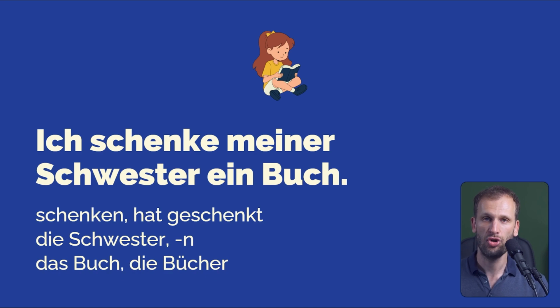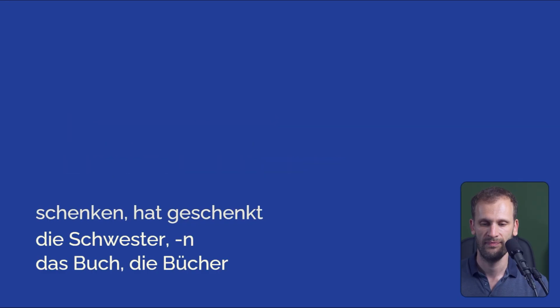The person is Schwester, sister, and the thing is ein Buch, a book. And with these verbs, what we always get is the person first in the dative case, and then we get the accusative case, and that's a thing, usually, almost always. So dative, person first, meiner Schwester, and then that's followed by a thing in the accusative case.